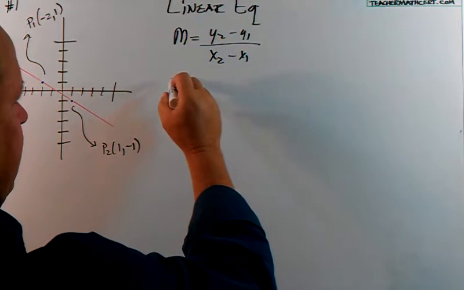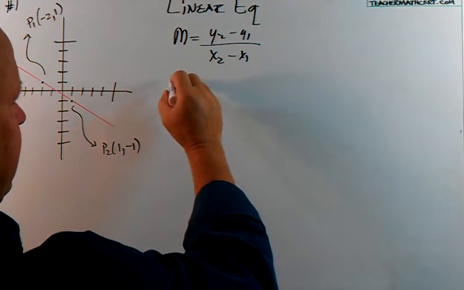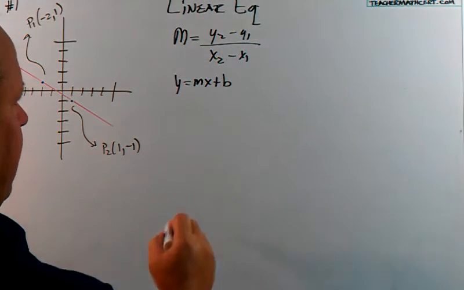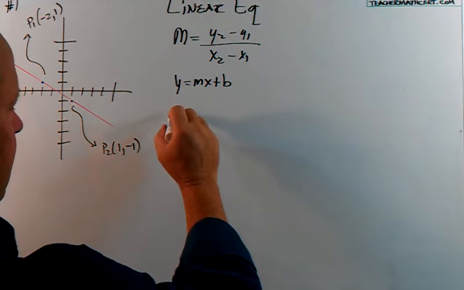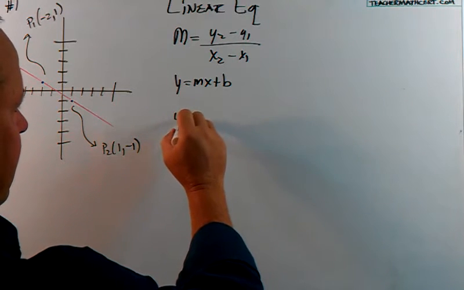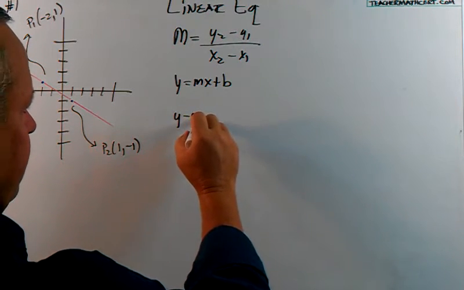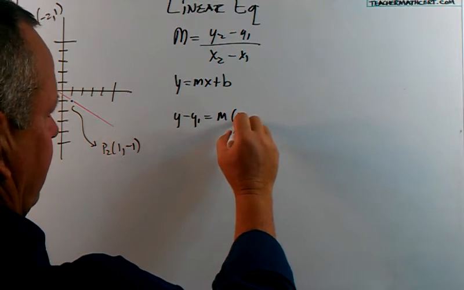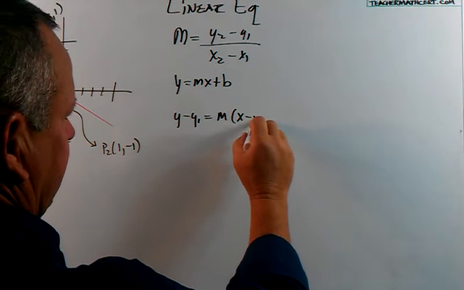We're also going to need, potentially, y equals mx plus b. And we're also going to need the equation y minus y sub 1 is equal to m times the quantity x minus x sub 1.